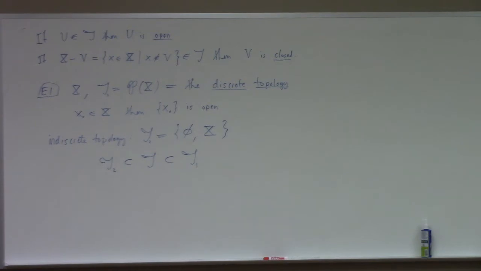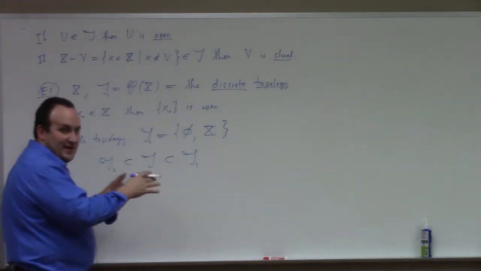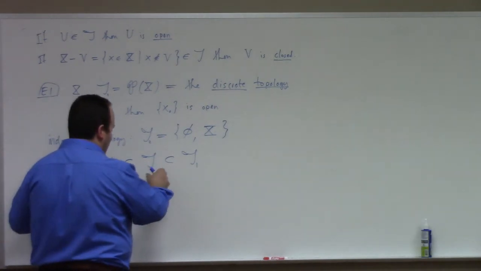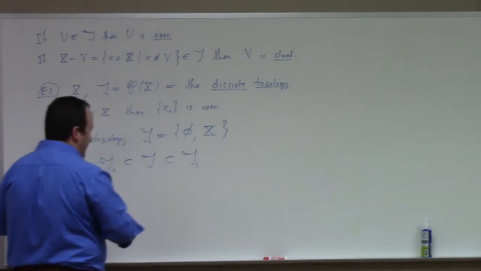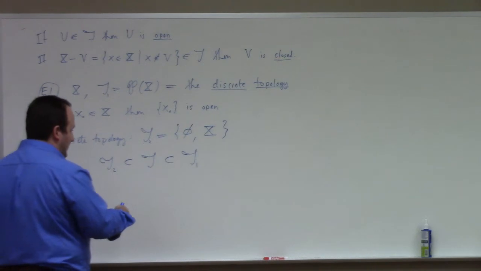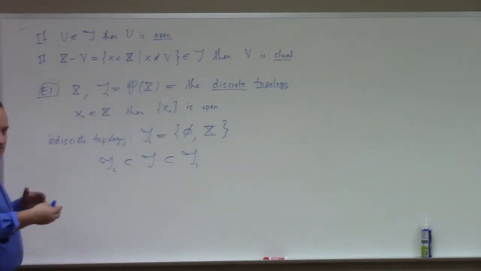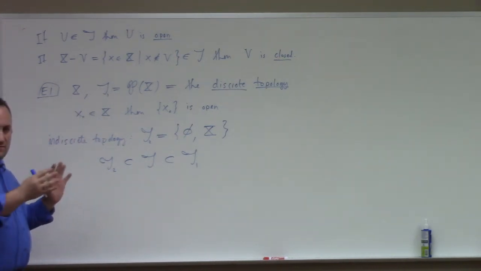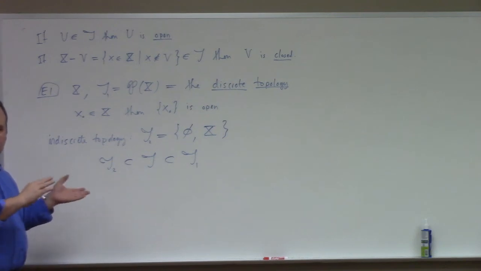What I'm worried about is, there doesn't have to be a ranking here. If you look at the real line, there are different topologies for the real line which you can't fit one inside the other.